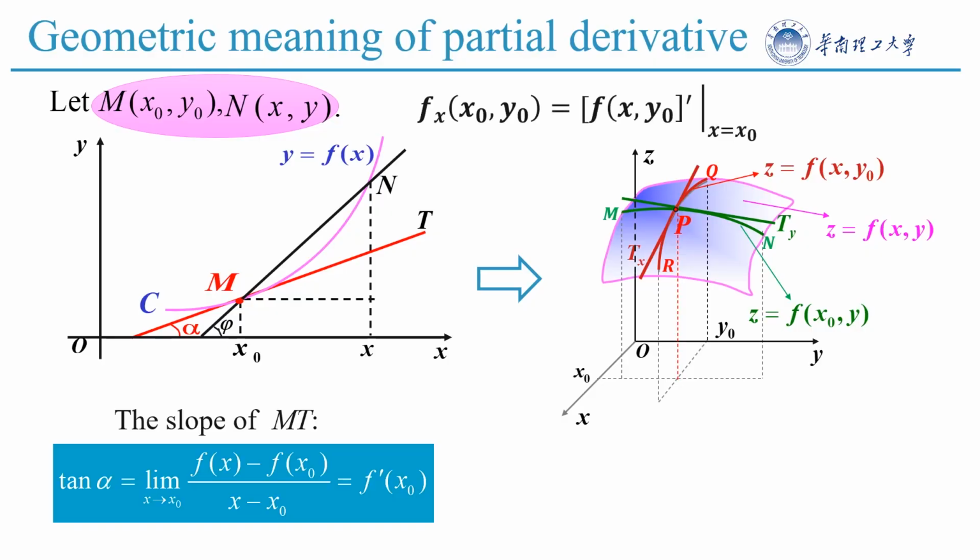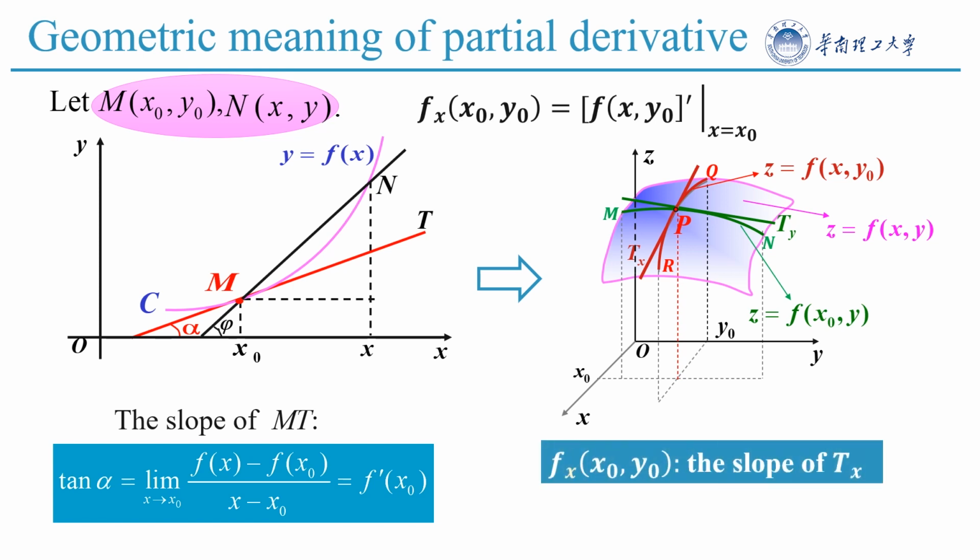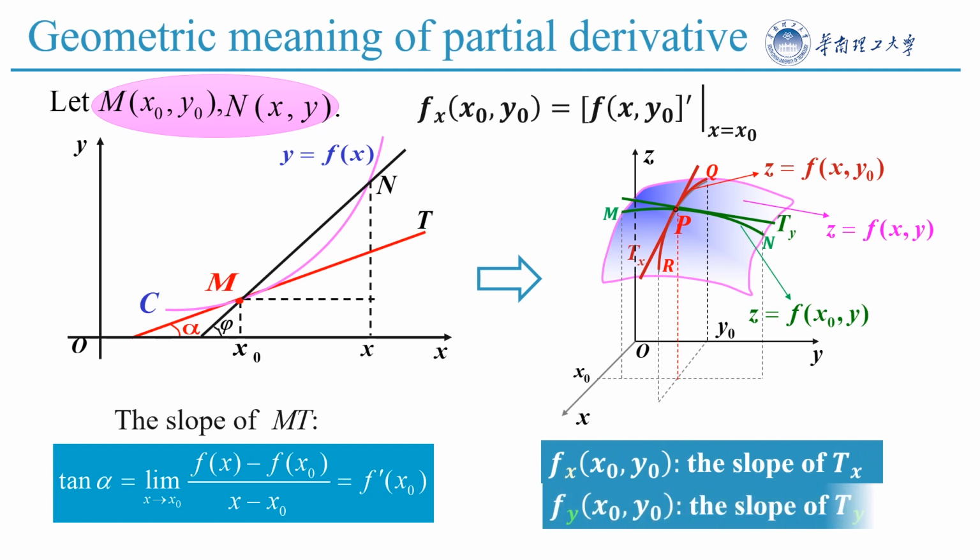Note that fx(x0,y0) equals the derivative of f(x,y0) at point x0. So the value of fx(x0,y0) is the slope of the tangent line Tx to this curve at P(x0,y0,f(x0,y0)). Similarly, fy(x0,y0) is the slope of this tangent line Ty.